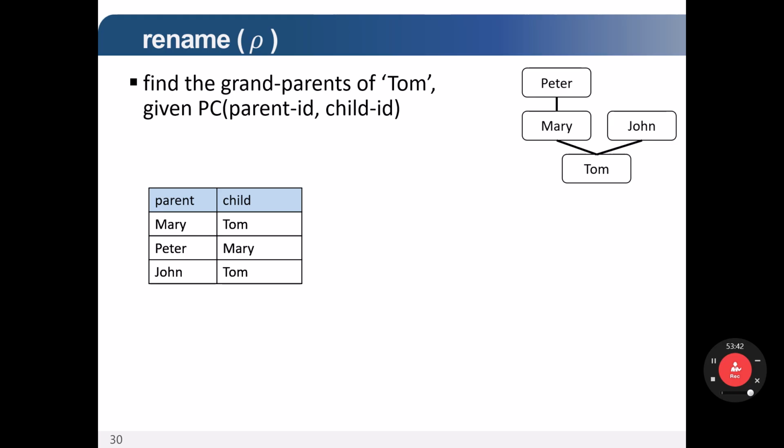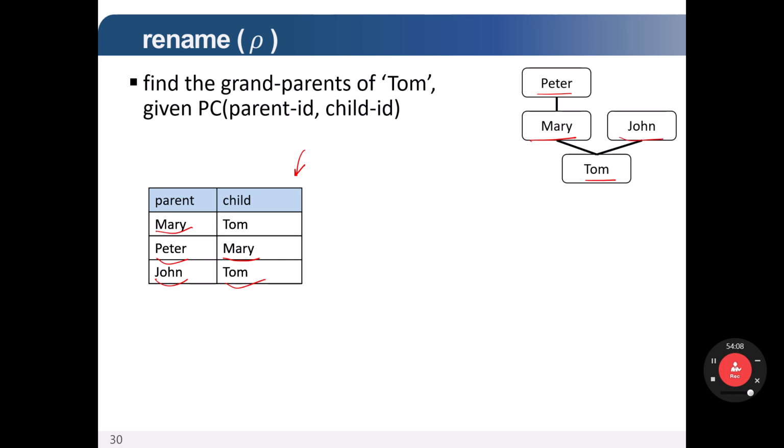Okay. So suppose we have this table. This table contains parent-child relationships. So Mary is a parent of Tom. Mary is a mother of Tom. And Peter is a father of Mary. And John is a father of Tom.